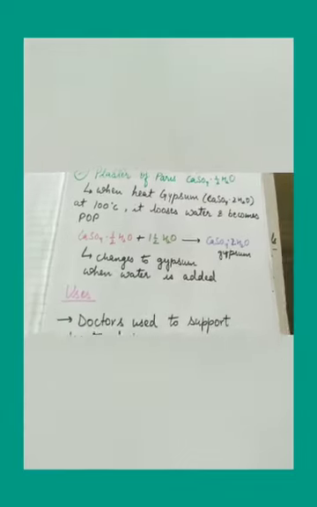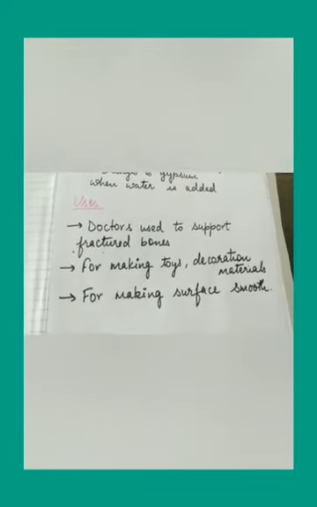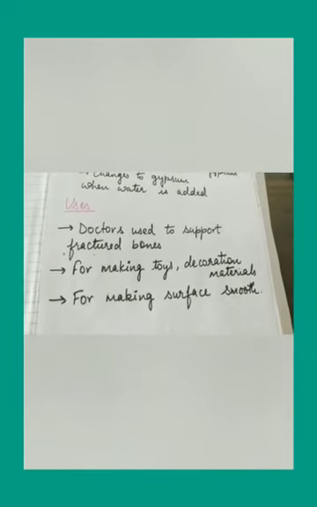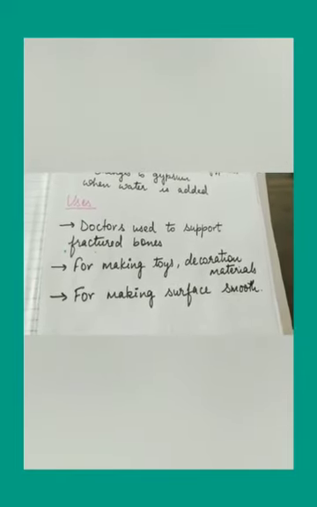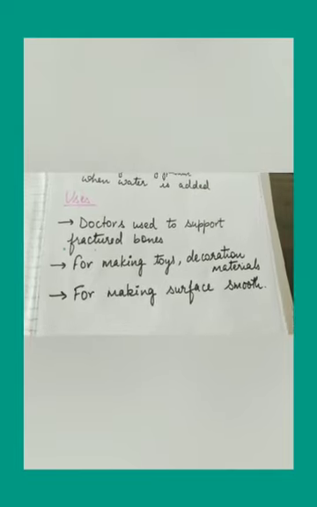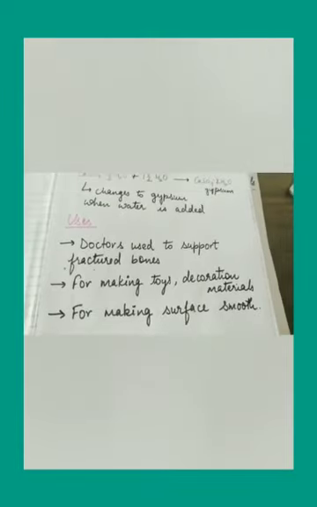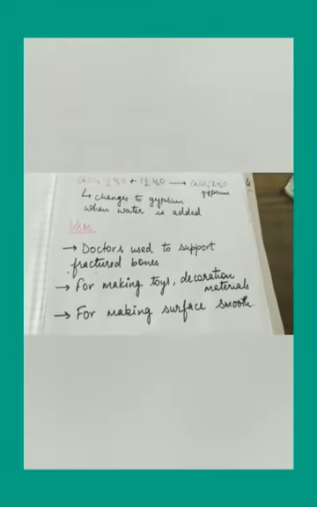Now I will tell you the uses. It is used to support fractured bones by doctors, right? Doctors use it to support the fractured bones. You have already seen when some bone of hand or foot is broken, the doctor gives you a plaster, and this plaster is made up of plaster of Paris.